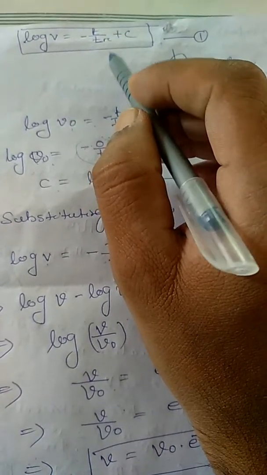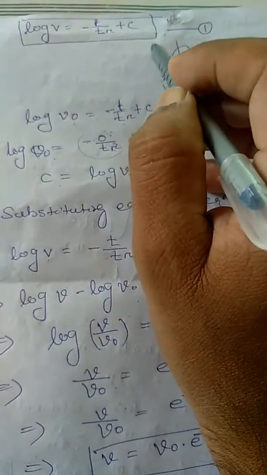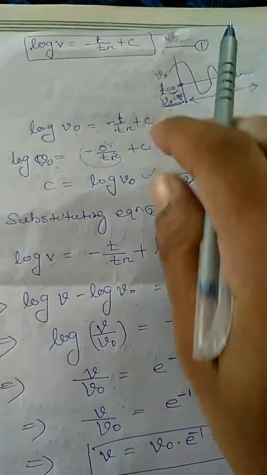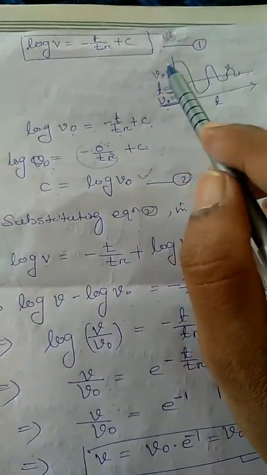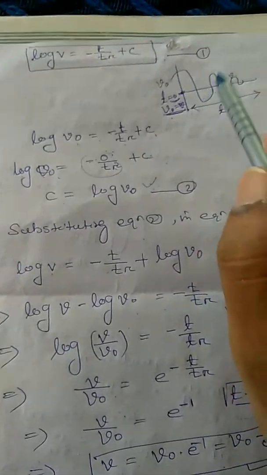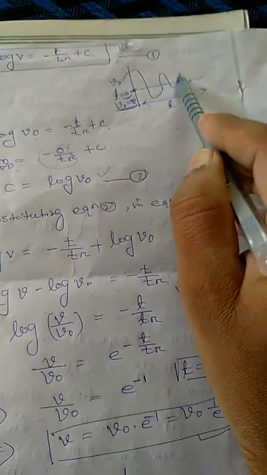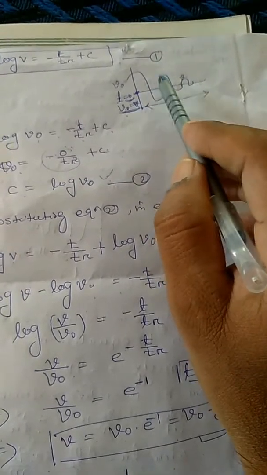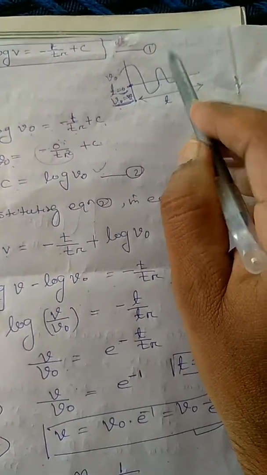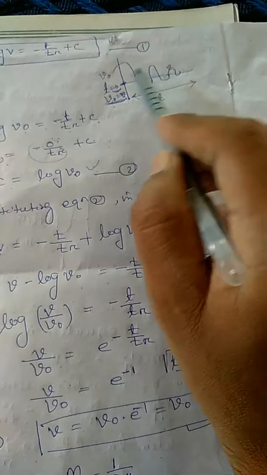Initial velocity into 1 by e is equal to the final velocity. Think of it as initial velocity v naught and final velocity v. To reach the final velocity from the initial velocity, some time must be taken.